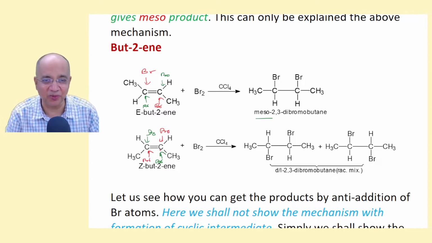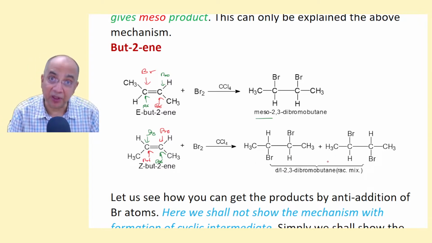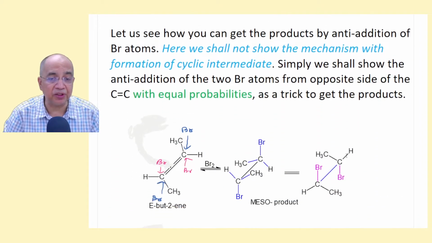So there are two possibilities. These are nothing but mirror images, enantiomers. So you get a DL mixture of 2,3-dibromobutane. Here you get meso 2,3-dibromobutane. I will show you in a more elegant picture here.